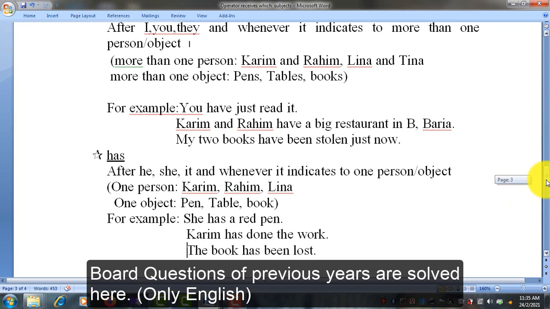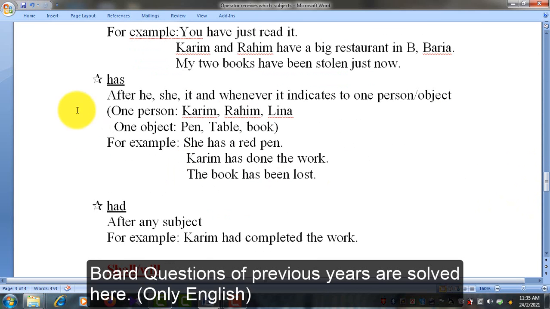Now where to use has? After he or she or it, and whenever it indicates to one person or object. I have already said about one person and one object. For example, she has a red pen. Look at the example like before.